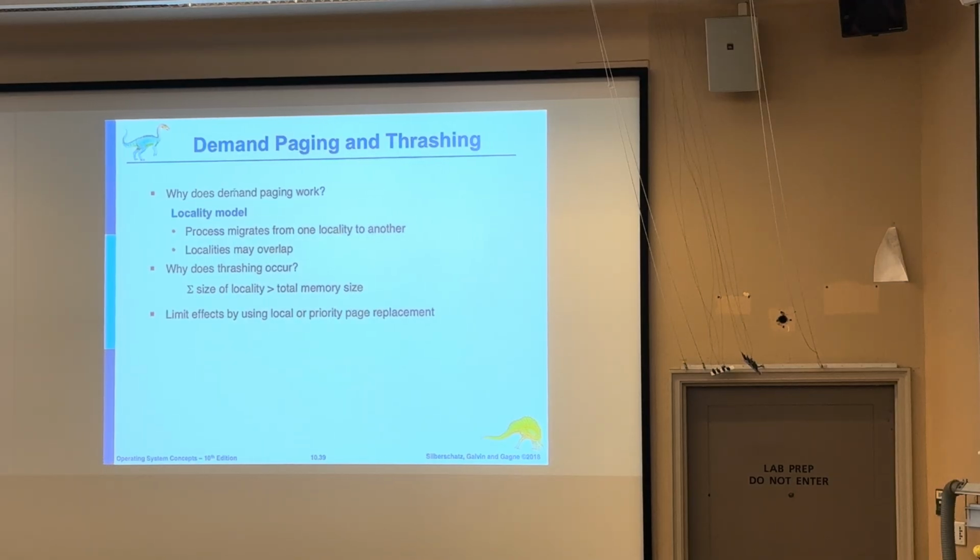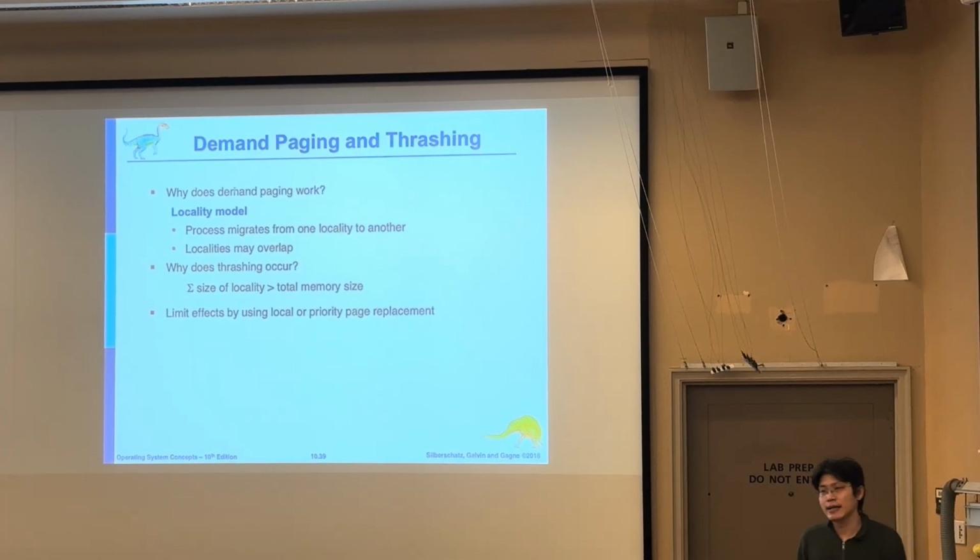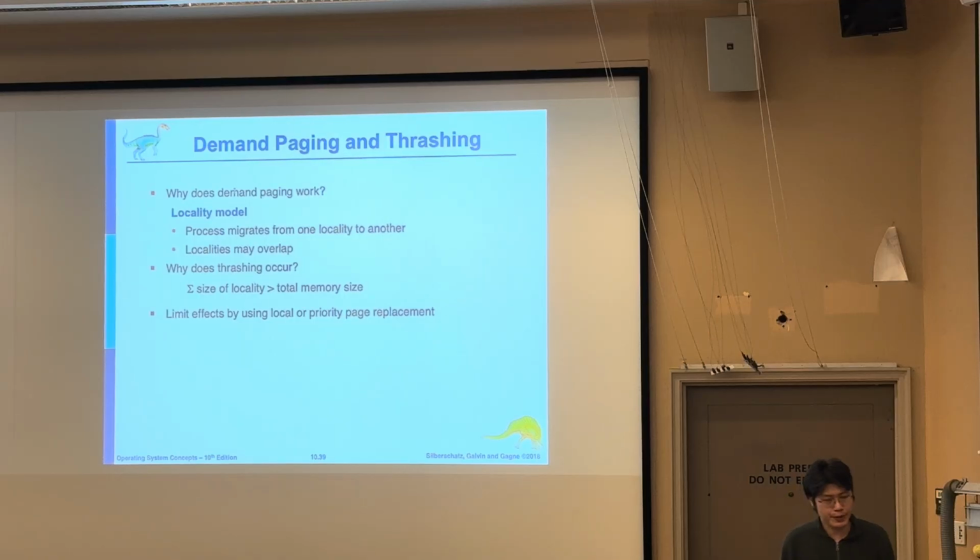The physical memory we have, compared to the number of processes that we run on a modern computer, is very small. 16 gigabytes, 32 gigabytes, 48 gigabytes, this is still very small compared to the number of processes running on your computer. So why does it work?